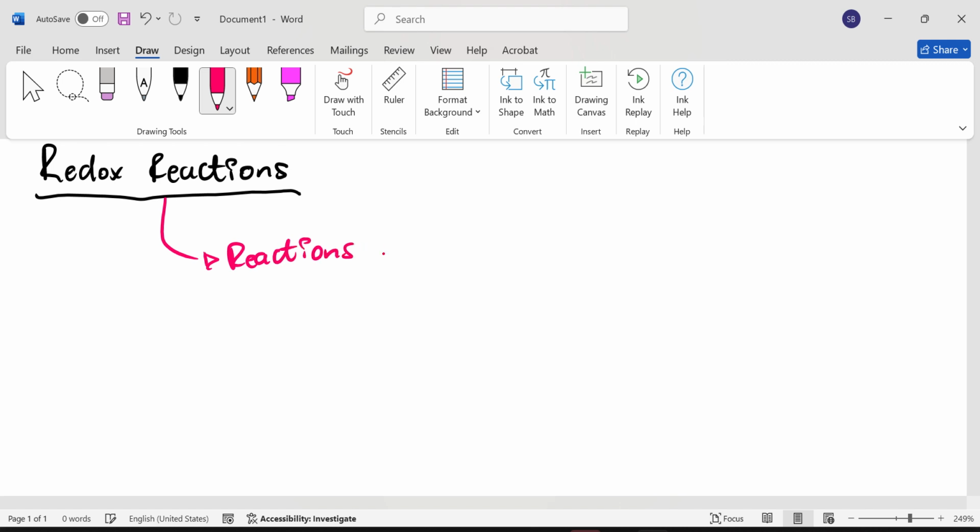If you want a more precise definition, you would say these are reactions in which there is a transfer of electrons between certain elements. So that's what we talk about when we talk about redox reactions.